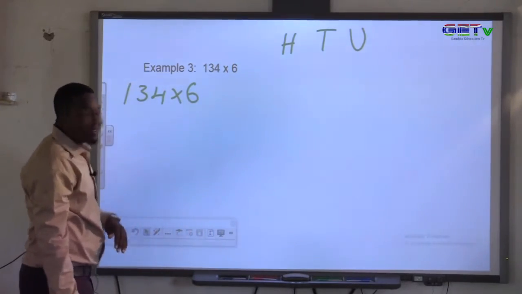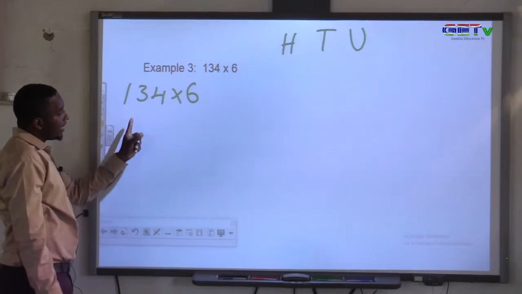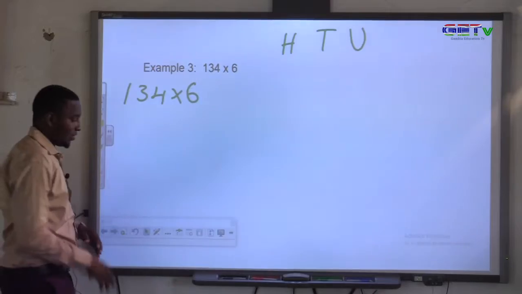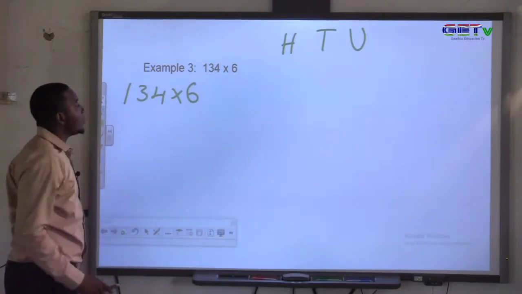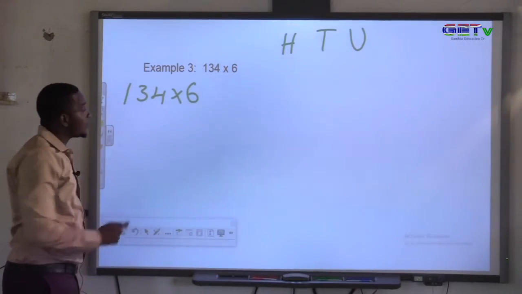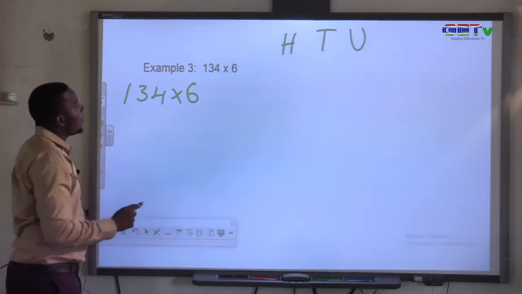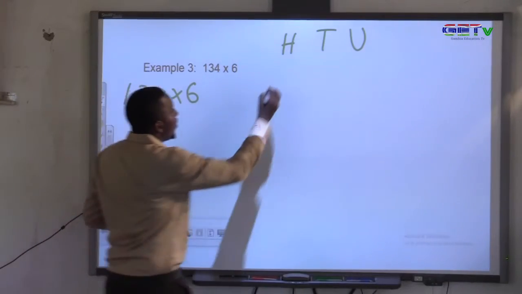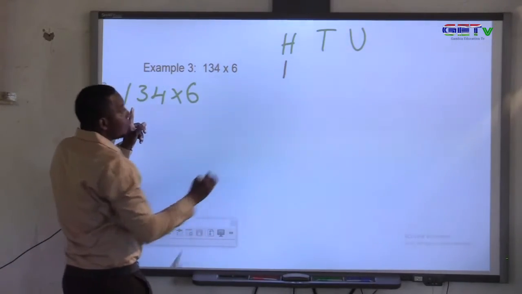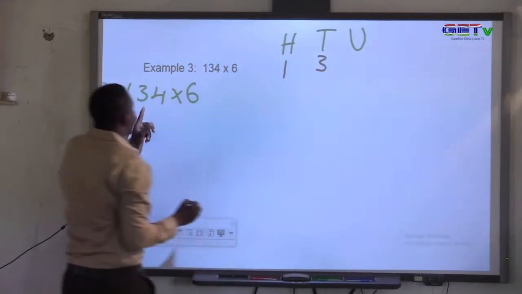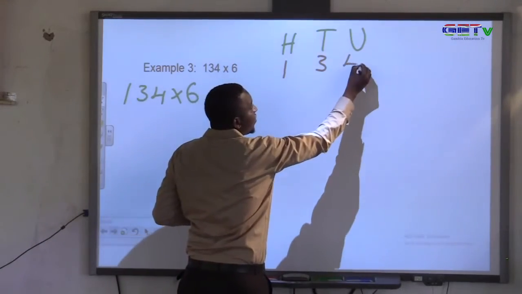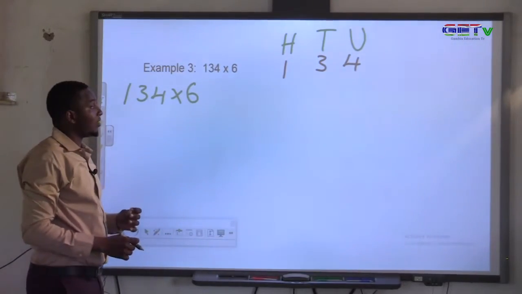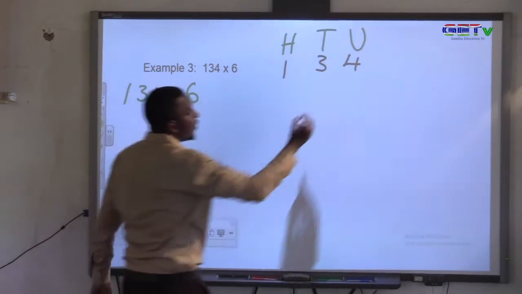We place 1, 3, and 4 in their respective place values. 1 is under the 100 column, 3 is under the 10 column, and 4 is under the unit column. So let's write it: 1 under the 100 column, 3 under the 10 column, and 4 under the unit column. The multiplier is 6. We know it's a single digit, so it is going to be under the unit column.